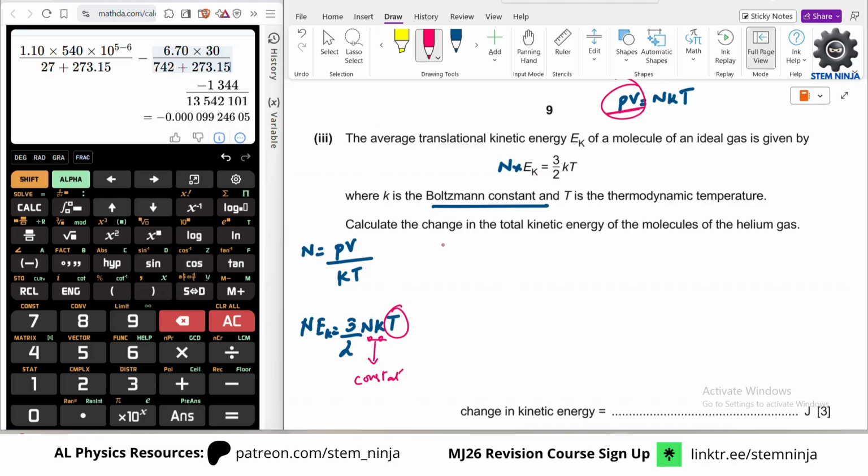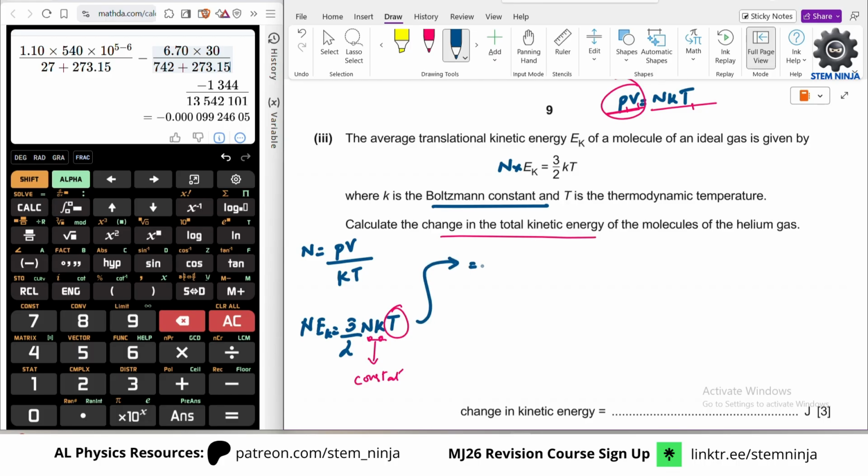Since we need the total change in kinetic energy, basically we would be doing NkT2 minus NkT1. So P1 V1 over T1 is equal, and N and k are already constant, so we can do this with P and V also.